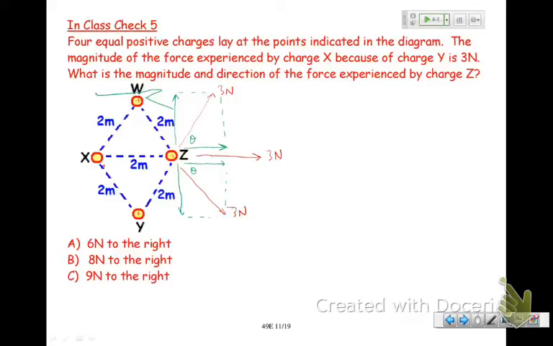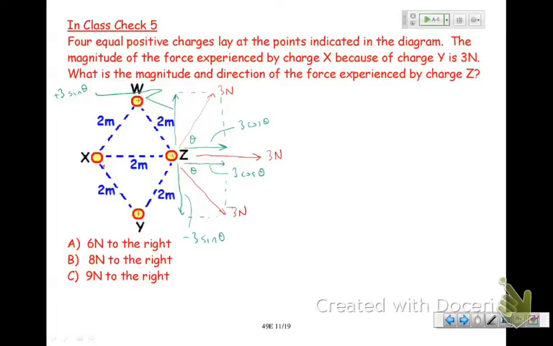It would be 3 sine theta for this guy here, and this will be 3 cosine theta. And then this guy here would be another 3 cosine theta. What about this guy down here? Minus 3 sine theta. You can see immediately that plus 3 sine theta and that minus 3 sine theta just cancel each other out.